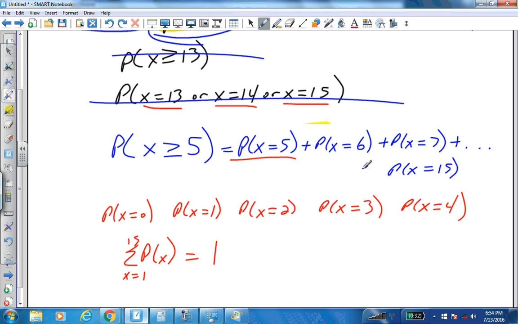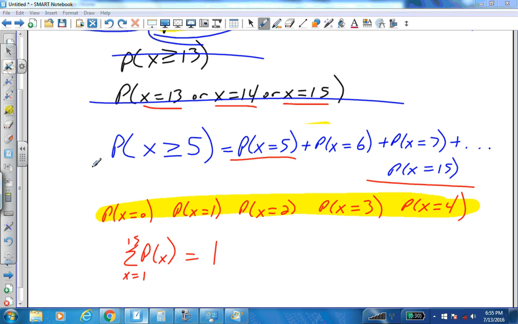Notice if we do from 5 all the way up to 15, that's 11 different probabilities. Notice that leaves 5. So we could either calculate all 11 of those, or in our case, use the table to get all 11 of those. Well, there's only 5 that are remaining.